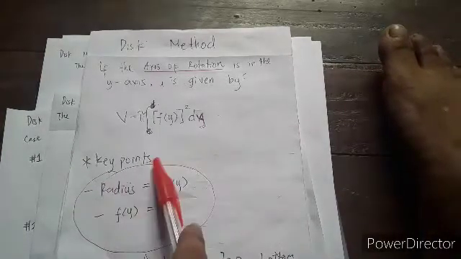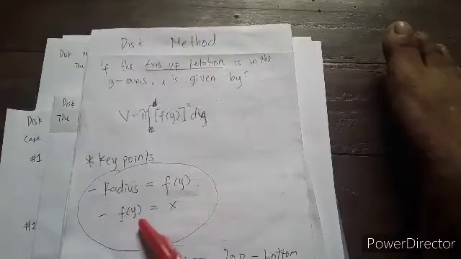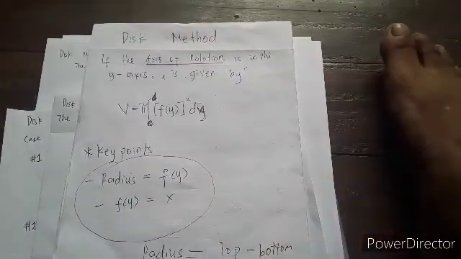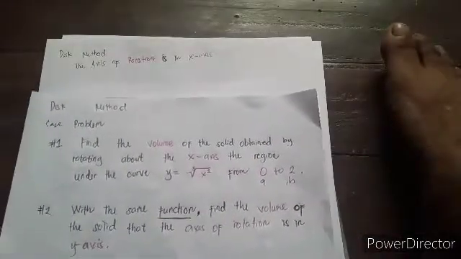For the key points, the radius is equal to the value of f of y, and f of y is equal to the value of x. Always remember that for calculating the radius, it is top minus bottom. So it is clear, and for now let's proceed to the case problem.